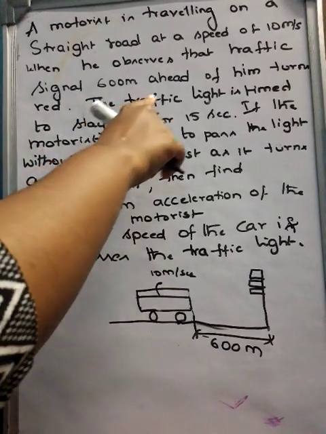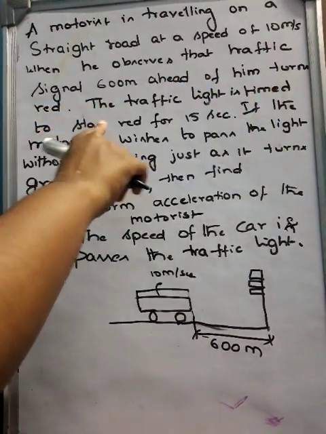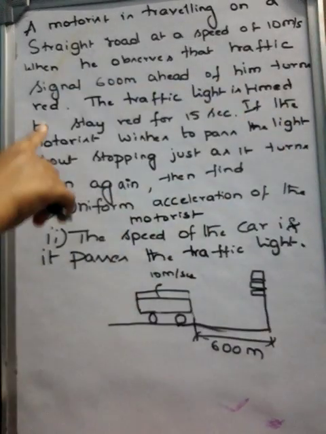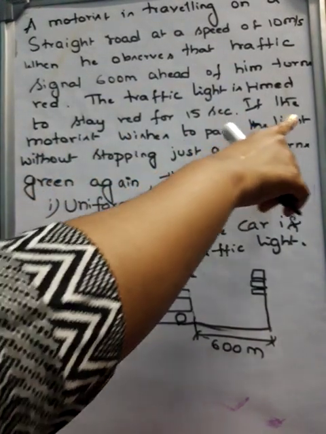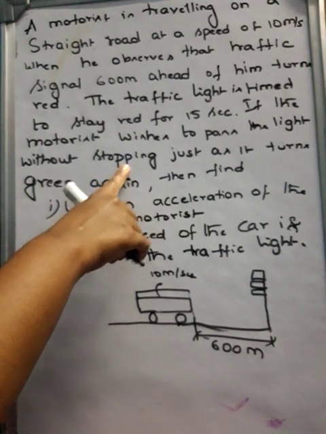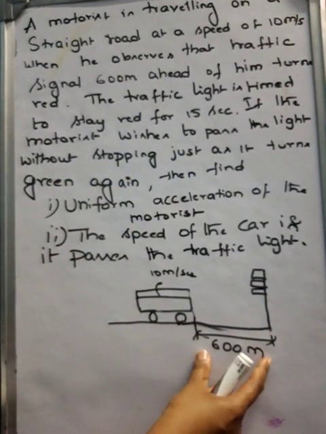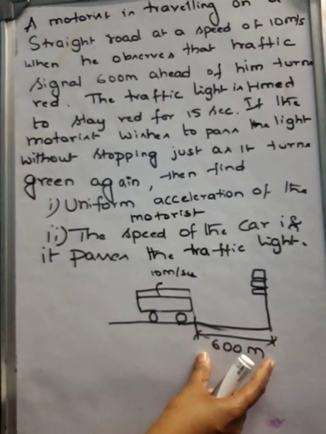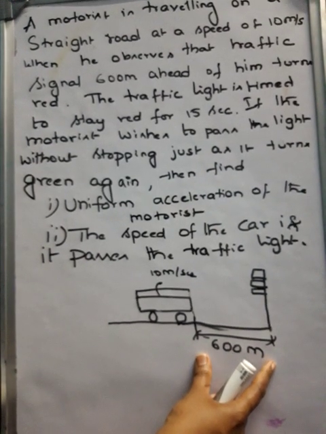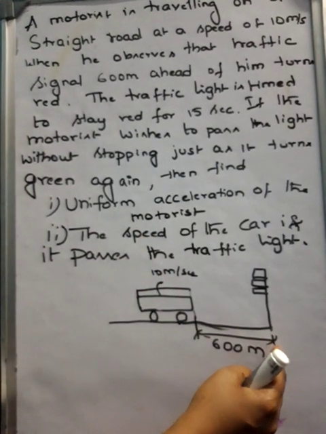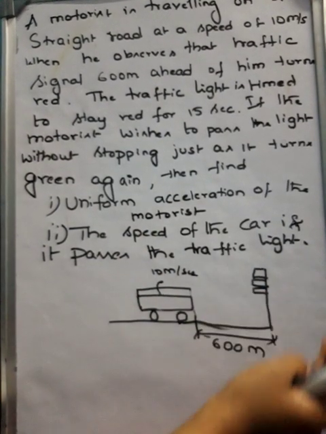So they have given that the traffic light is timed to stay red for 15 seconds. If the motorist wishes to pass the light without stopping just as it turns green again, that means he has to travel 600 meters within 15 seconds. That means when he reaches this point it should turn green.